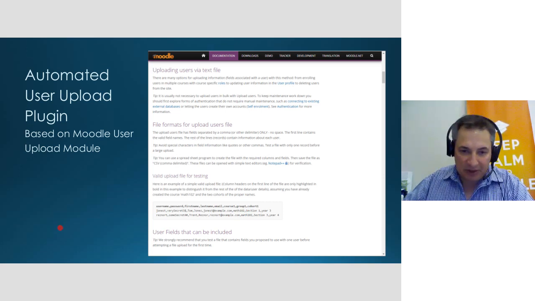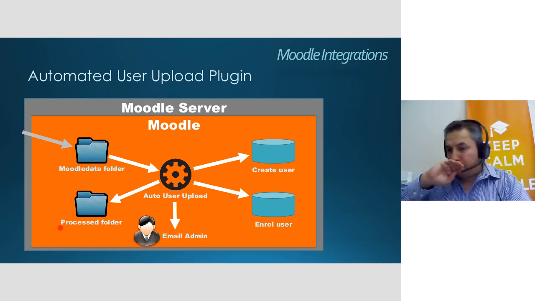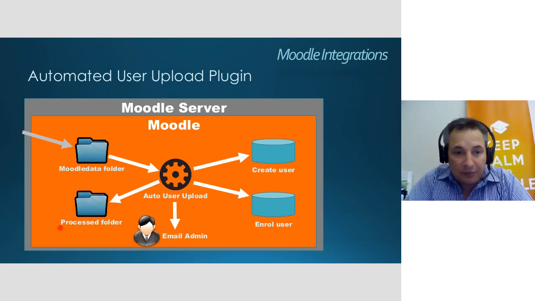So I'll go to the next slide, probably just to explain how. So effectively, from the previous slide, as I said, a CSV file ended up in the Moodle data folder somewhere, which was now on the inside of Moodle. Even though that's the Moodle server, this file is now inside the Moodle, which means Moodle can now read it.